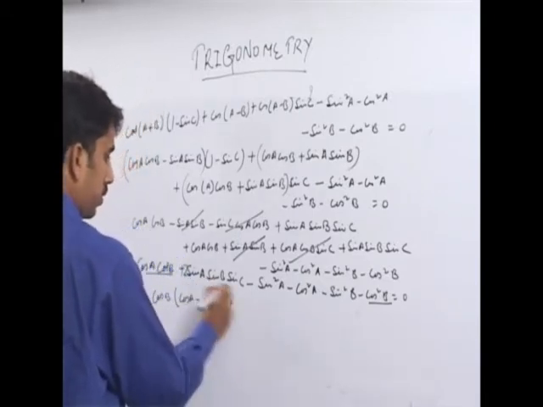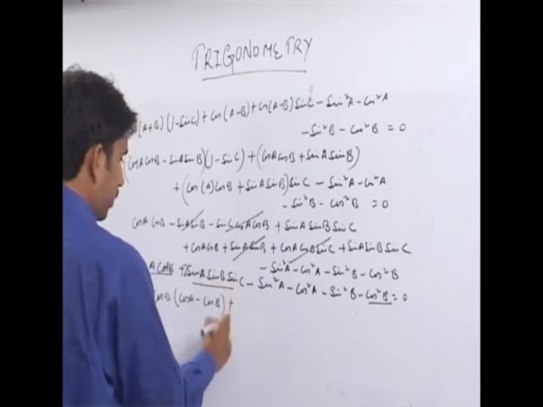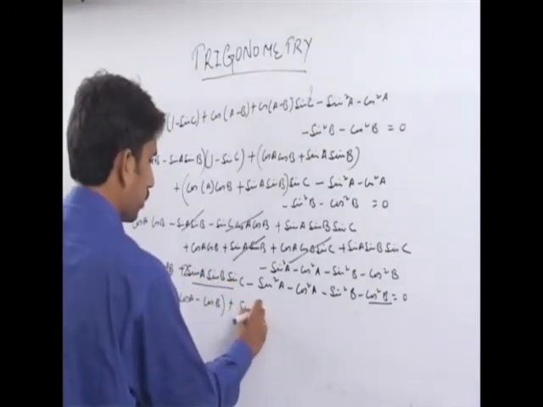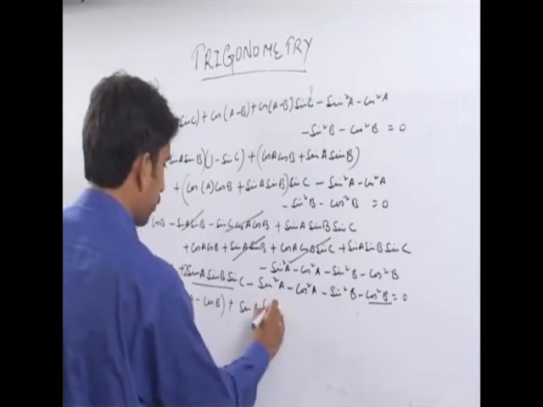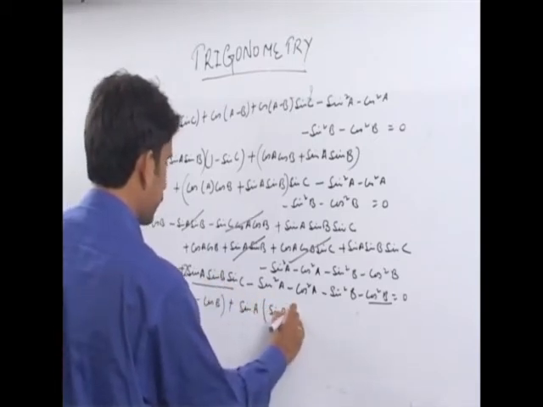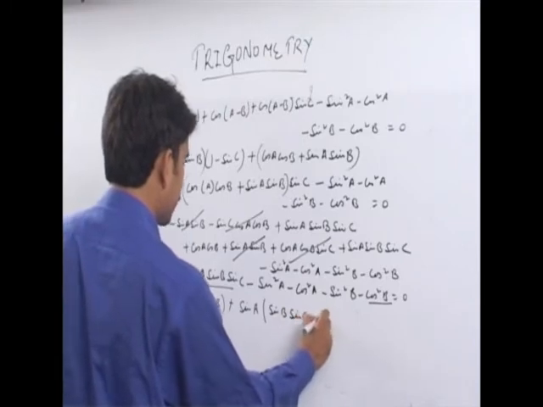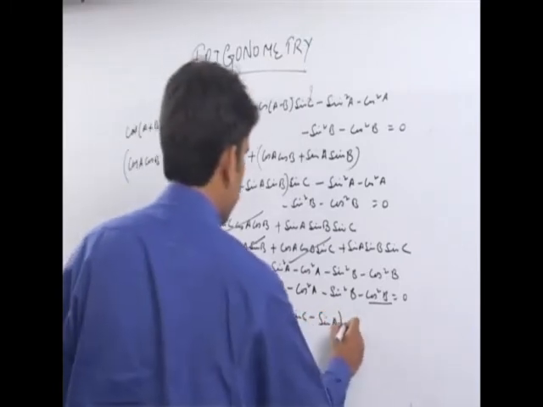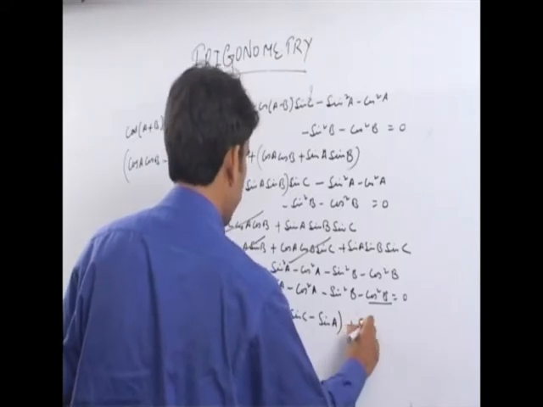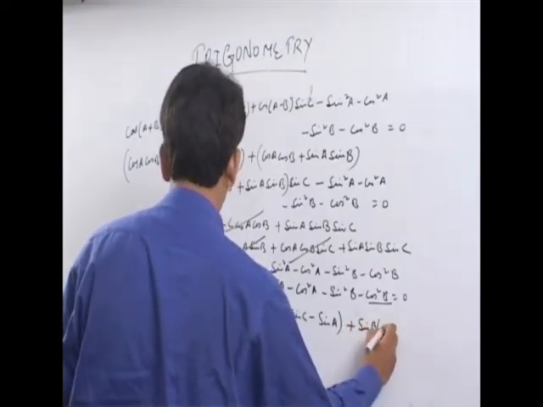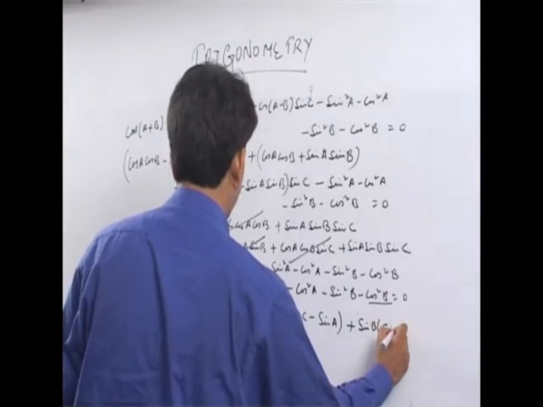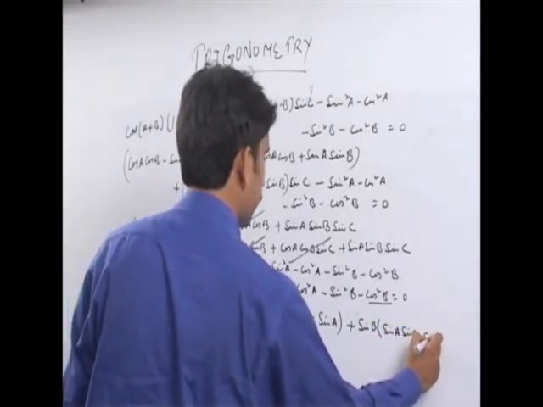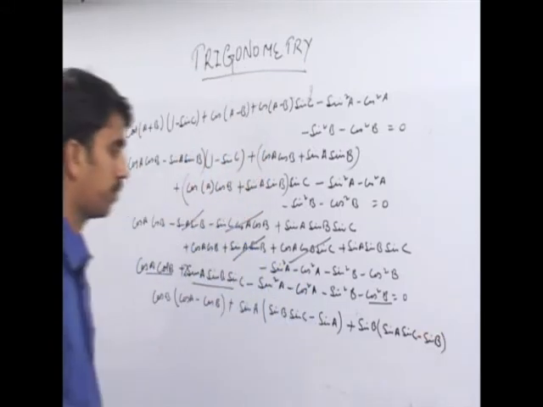From here, let's take sin A common, you will get sin A (sin C minus sin B), and from here you will take sin B common, and you will be left with sin B (sin C minus sin A).